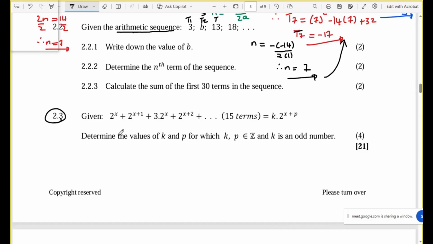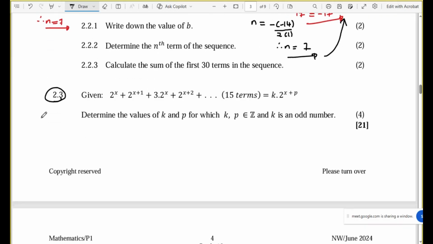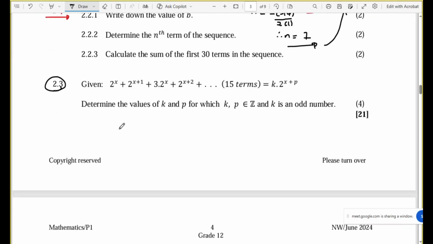Okay, so in order for you guys to master the math question, you need to be able to say something about whatever they're asking you about. So now, when I look at this sequence, what can you say about the sequence? There is a constant difference, 2x.